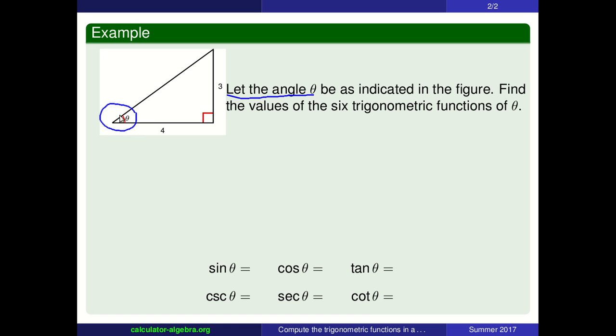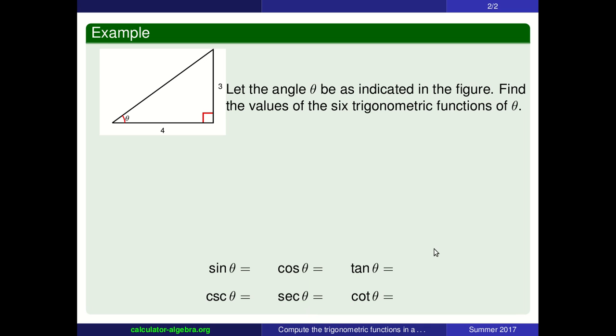There it is, okay? So that's the angle theta. The problem now asks us to find the values of the 6 trigonometric functions of theta. So we need to find sine of theta, cosine of theta, tangent of theta, cotangent of theta, secant of theta, and cosecant of theta.